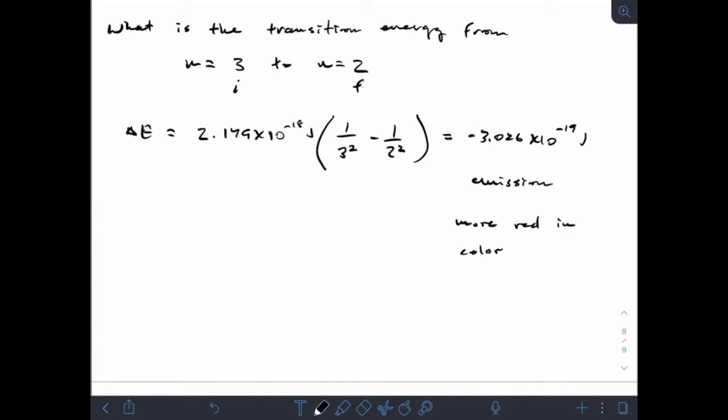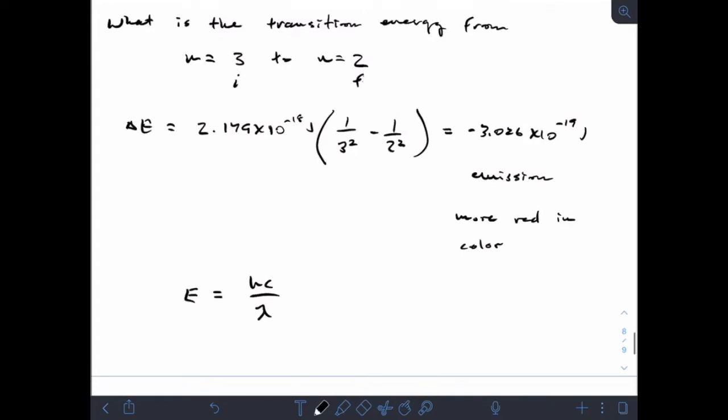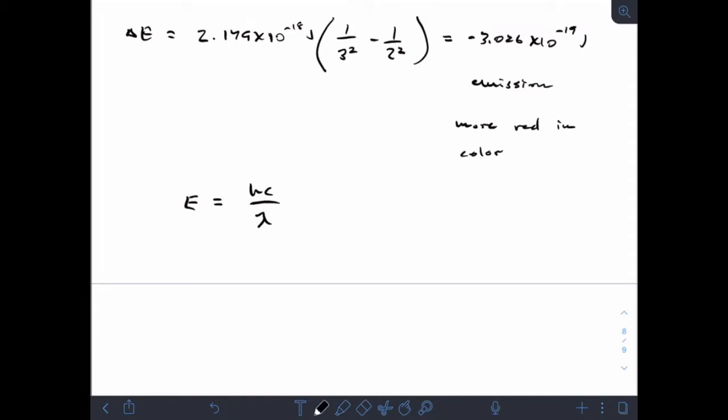Okay, so just to come back a quick little step. How do I know that it's more red in color? So our equation for energy as it relates to wavelength. I can interpret this qualitatively. I can look at that and say that as wavelength gets bigger, energy gets smaller.